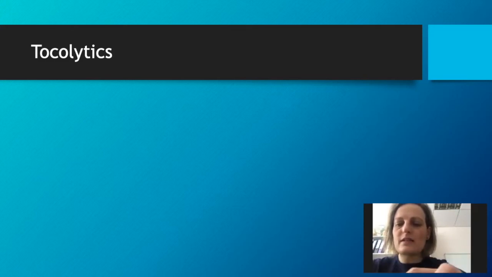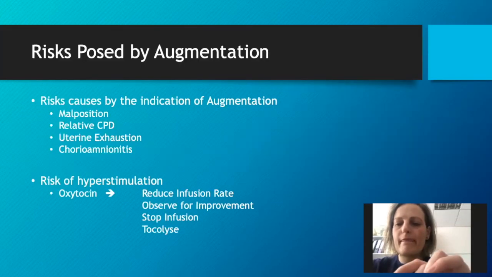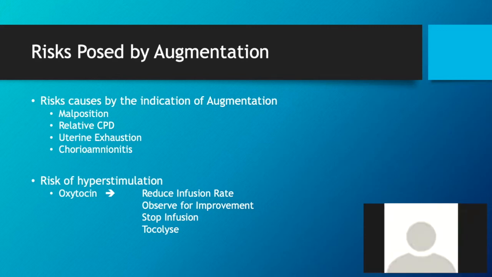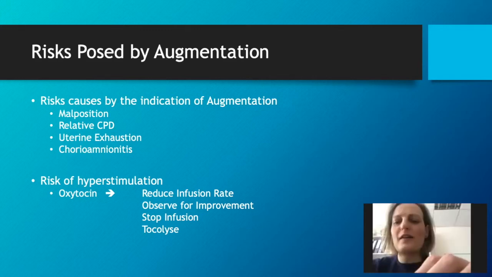Why would you be starting oxytocin in that circumstance? Have you ever done it? Prescribing oxytocin in the active phase of labor? We're all denying it. No one has done it?